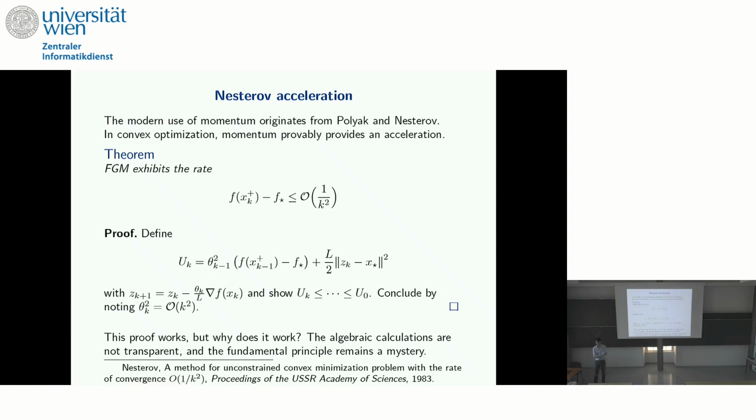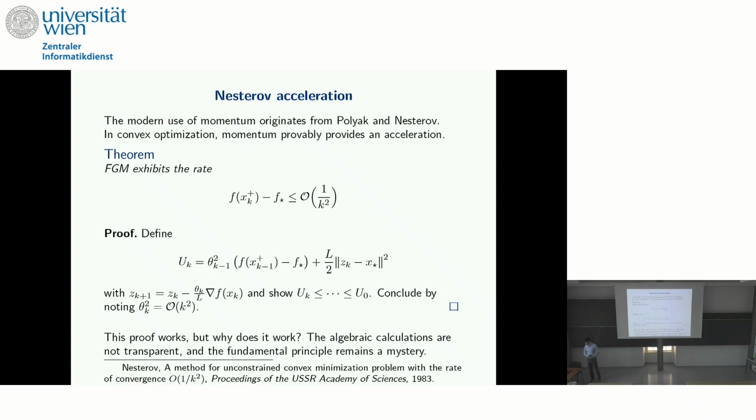One way to prove this result is to define this energy function U_k, where we need to define these z_k iterates. The z_k iterates don't appear in the algorithm description, at least not in the form I showed you on the previous slide. They're just something we define for whatever reason.